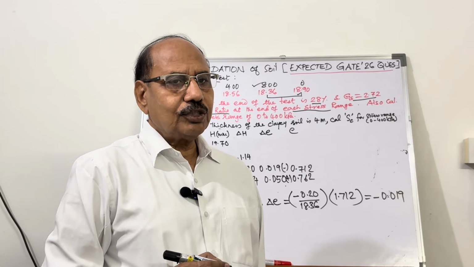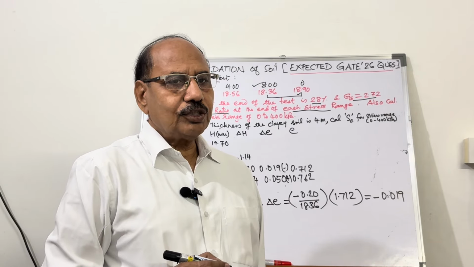Now E at 400 you have to find out. So how will you find out the value? Delta E is known to you. So delta E is here and the value of E is known to you, and therefore if you deduct this value, 0.712 minus minus of 0.019.